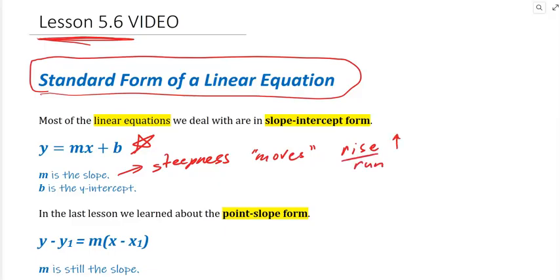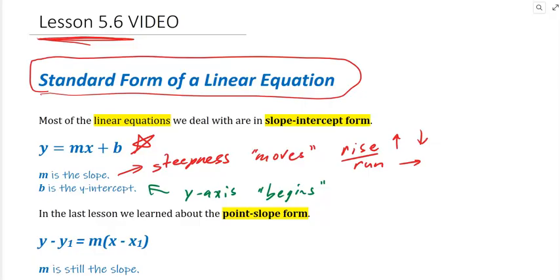And so that rise, it can go up or it can go down, but the run is always from left to right. And b is the y-intercept. It's where it crosses the y-axis. We say that's where the line begins. If we're going to graph it, that's where we always start, on the y-axis.